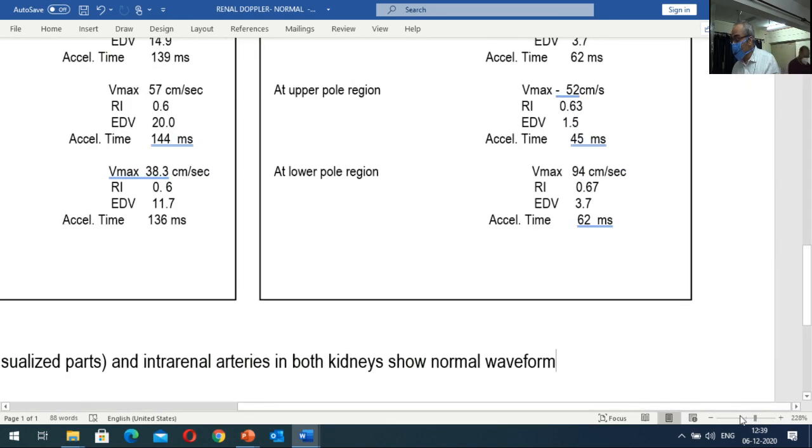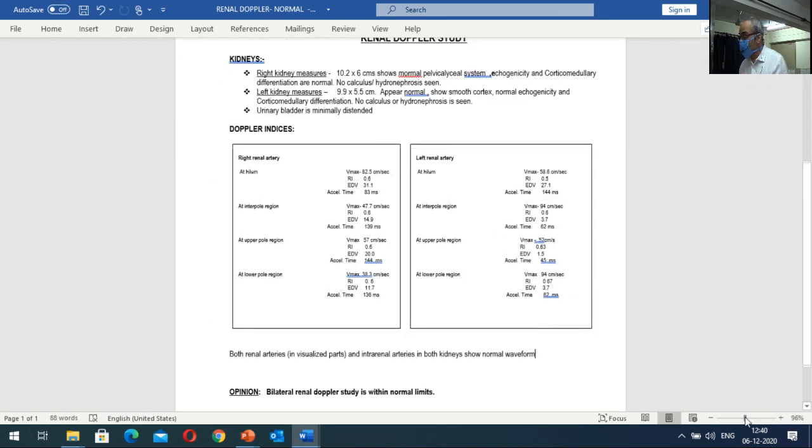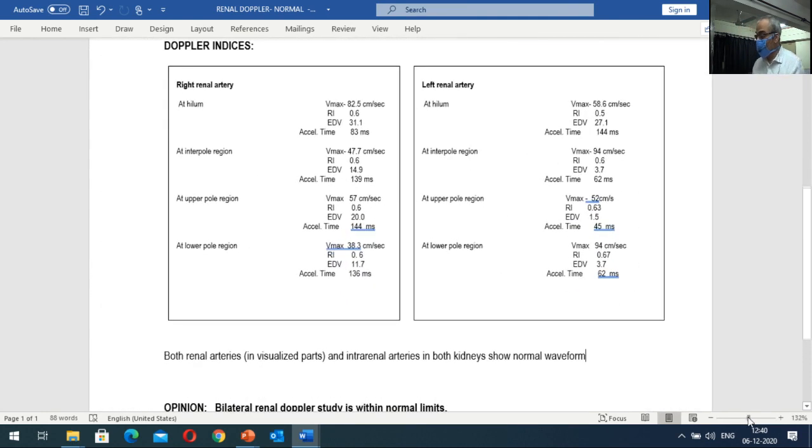So whatever you get from the machine, from the spectrum, you have to mention in the report, and at the end we can say that renal arteries in visualized parts and internals show the normal waveform.